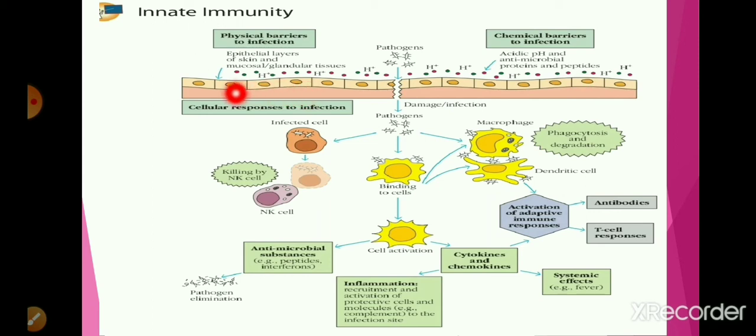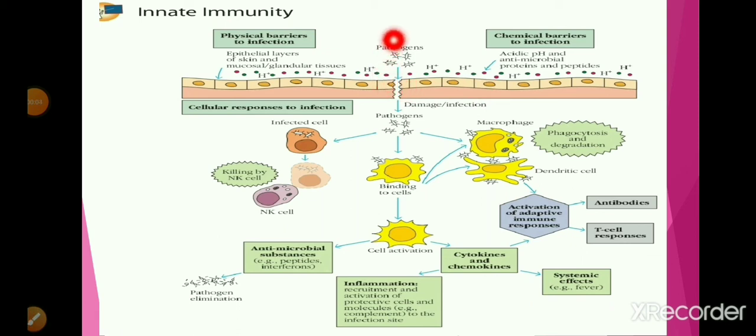This layer of skin, mucosal tissue, for example gastrointestinal, respiratory, urinogenital tract, and glandular tissue, for example salivary, lacrimal, or mammary glands. All these glands and their secretions prevent infection and are provided by the epithelial cells of the skin. So basically skin protects from pathogens.